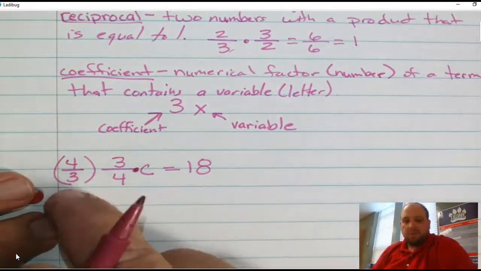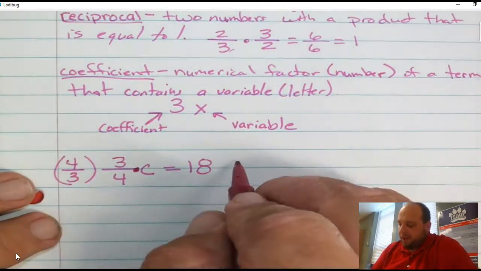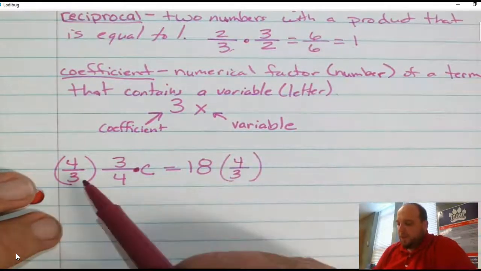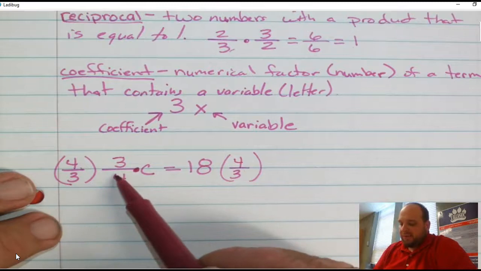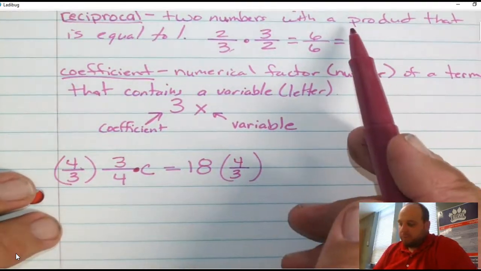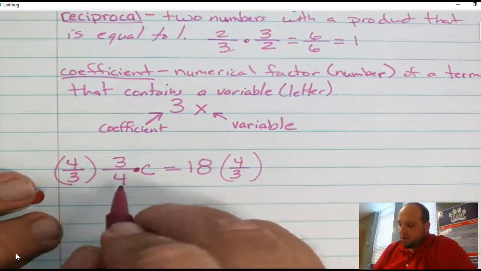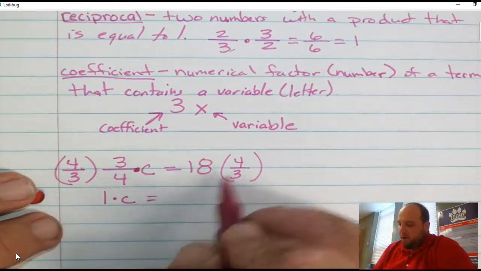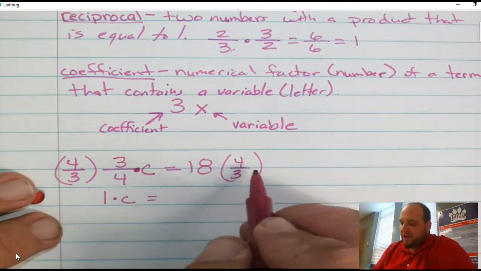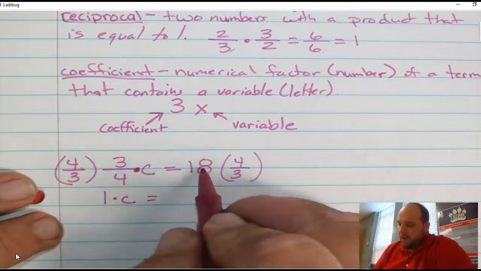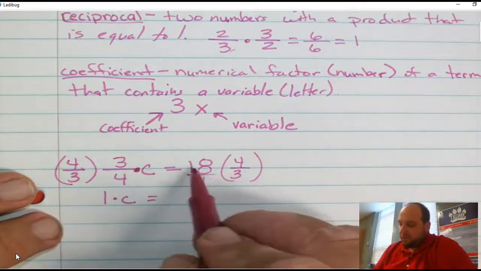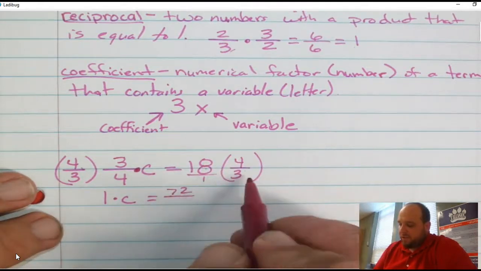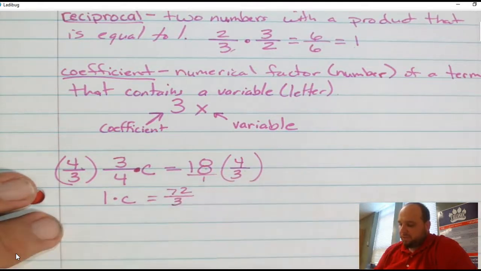Because I do it to one side of my equation, I have to keep a balance and multiply the other side too. When I take 4/3 times 3/4, as we said in our notes, the product is 1. So I end up with 1 times c. Over here, when I take 18 times 4/3, if I write 18 as a fraction and multiply, I get 18 times 4, which is 72, and 1 times 3 gives me 3.